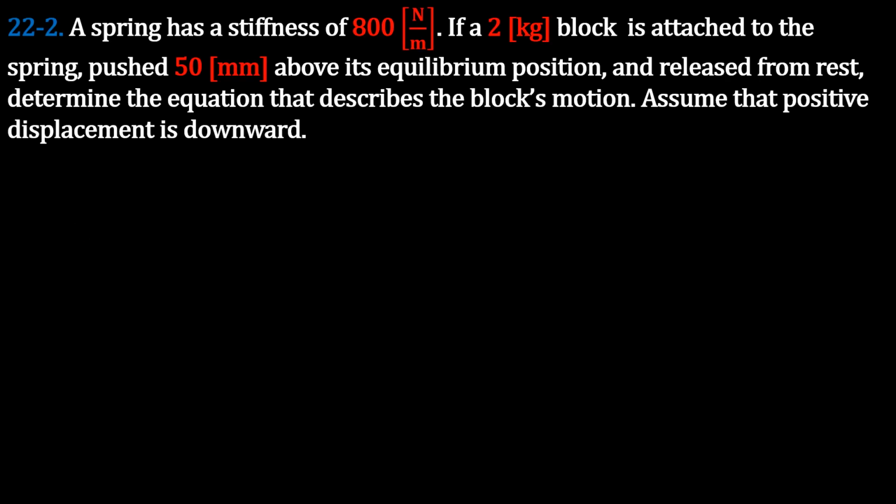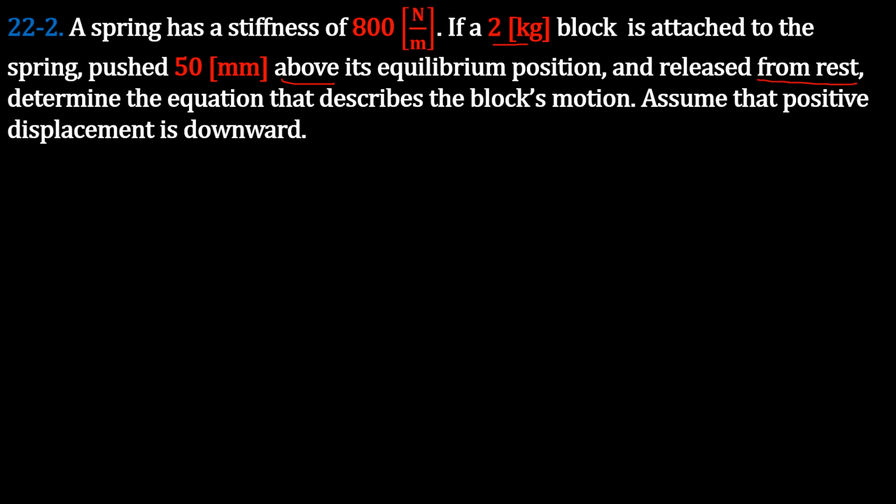All right, the second problem here: we have a spring with a stiffness of 800 Newton per meter. If a 2 kilogram block is attached to the spring, pushed 50 millimeter above its equilibrium position, and released from rest.